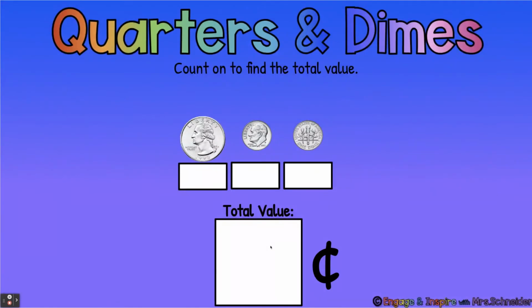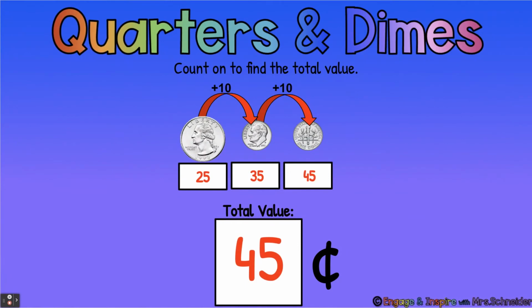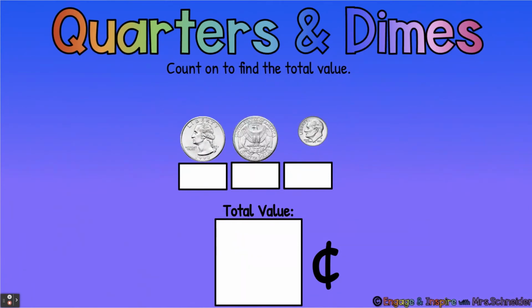Let's do another one. 1 quarter is 25. Plus 10 is 35. We just did that. Plus 10 more. So now if we have our finger on the hundreds chart, it's on 35. We're going to go down one more to 45. 45 cents. Good job.